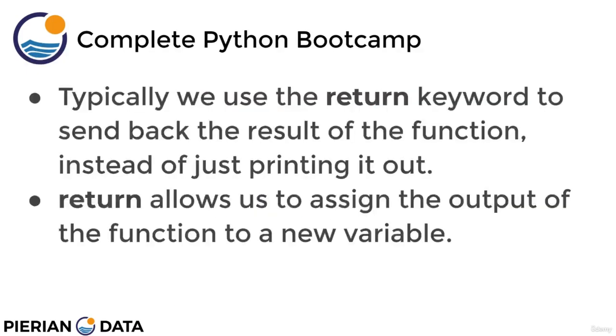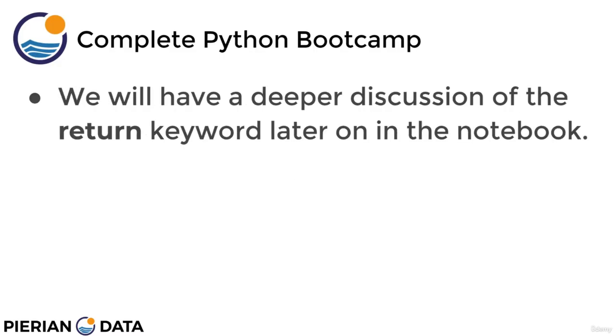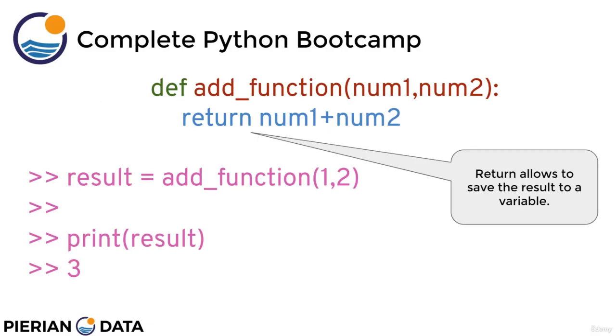Instead, you're going to use what is known as the return keyword. And return allows us to assign the output of the function to a new variable. Now we're going to have a much deeper discussion on the return keyword later on in the notebook, so keep that in mind. A really common question is what's the difference between print versus return inside of a function, and we're going to clarify that when we actually start coding out these functions within a notebook.